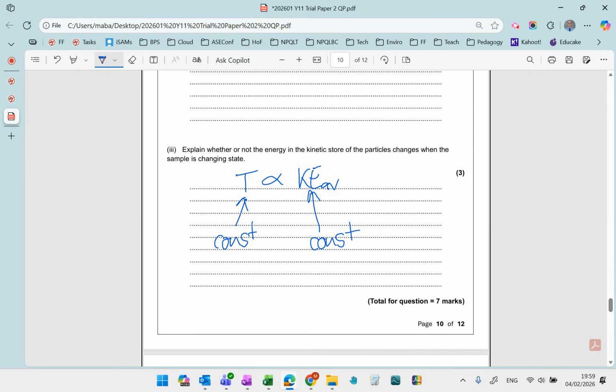Because if the temperature stays constant, that means that the particles are moving just the same speed, which means that the kinetic energy is the same. So what is it then that must change?